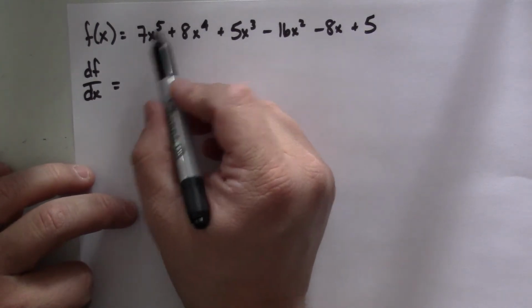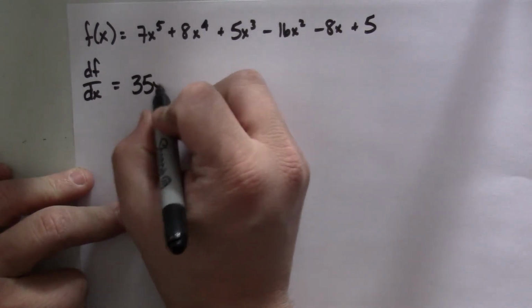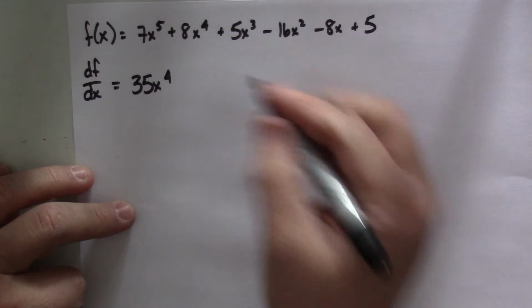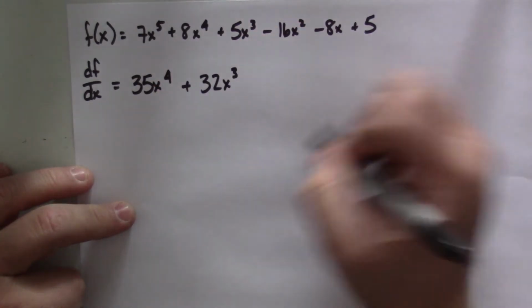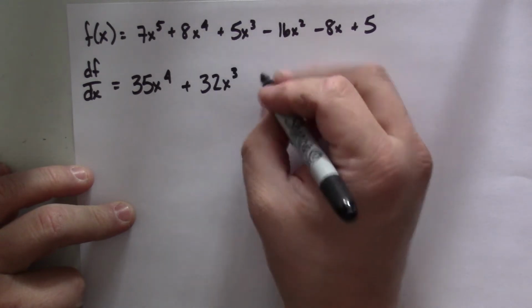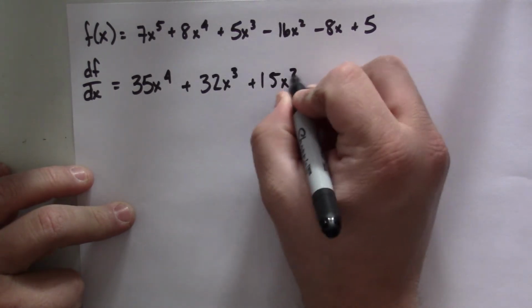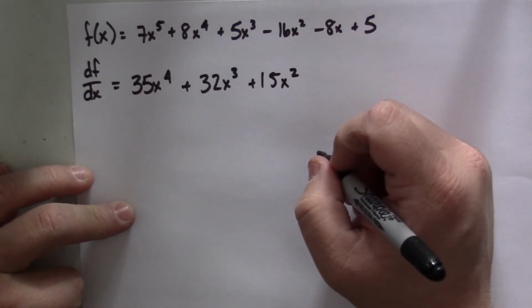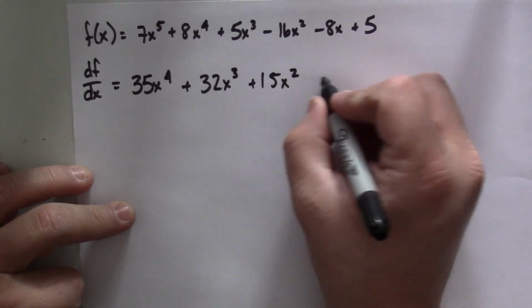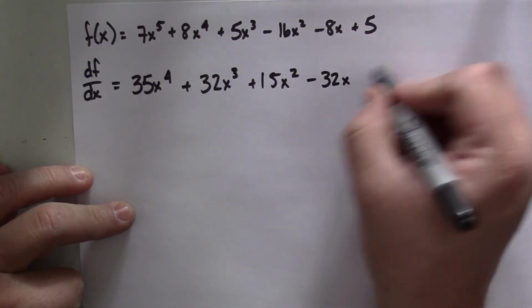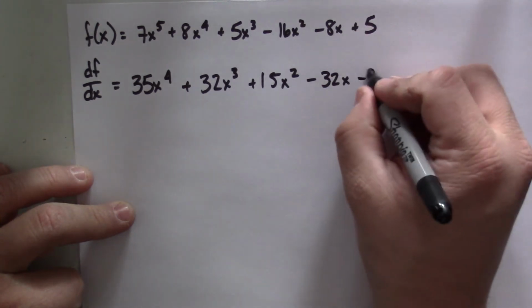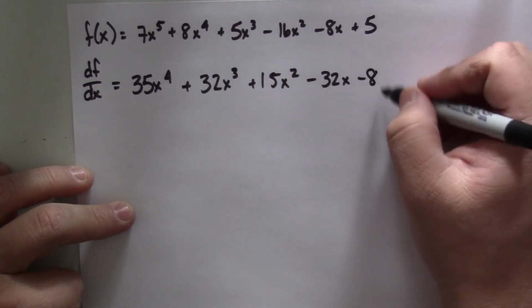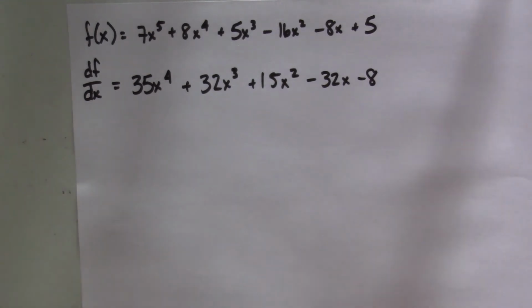You ready? 7 times 5 is 35, x to the 5 minus 1. 4 times 8 is 32, 1 less than 4. 3 times 5 is 15, 3 minus 1 is 2. Negative 16 times 2 is negative 32, 2 minus 1 is 1. 1 times 8, so that's minus 8, that's a 1. Derivative of 5 is 0.